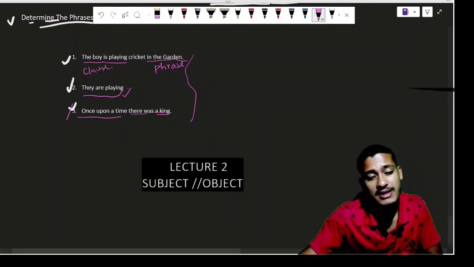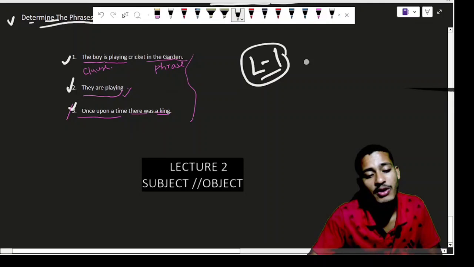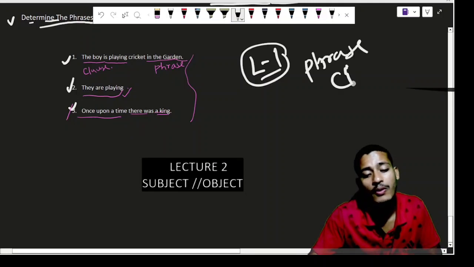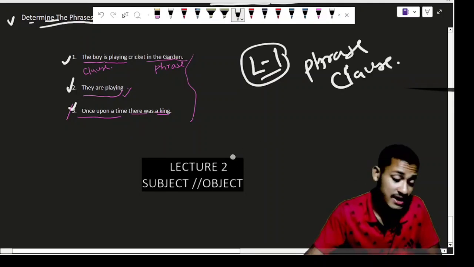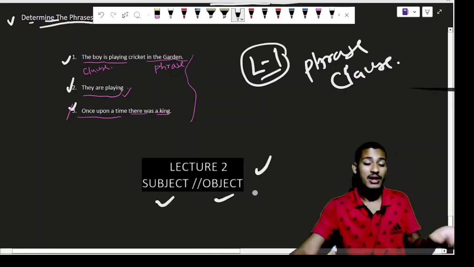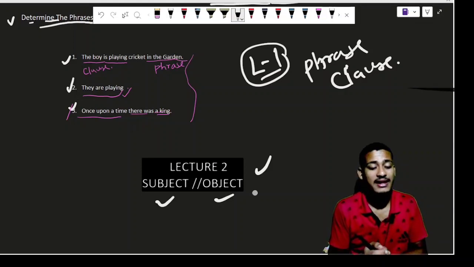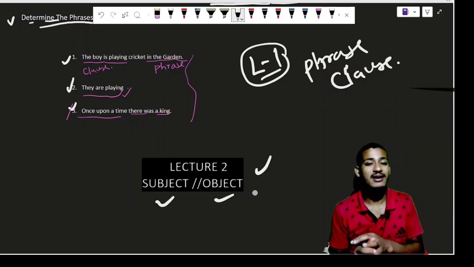ये हमारा लेक्चर नंबर 1 था। लेक्चर नंबर 1 में हमने phrase और clause पढ़ लिया है। In lecture number 2 we are going to study what is subject and what is object. You will learn in the next class how you can find a subject and how you can find an object.